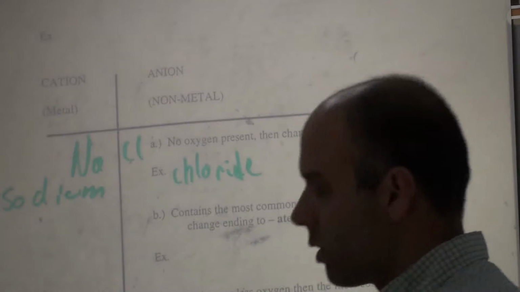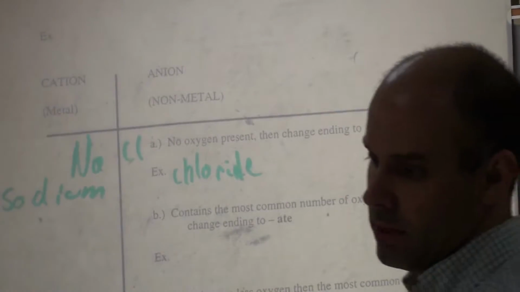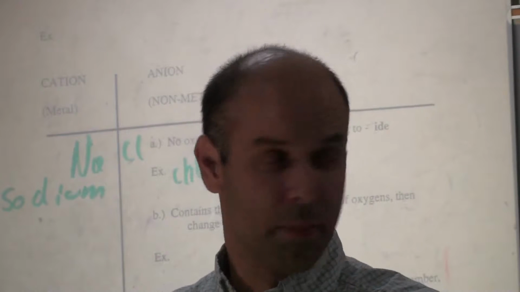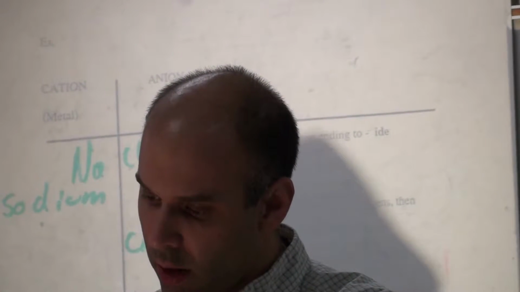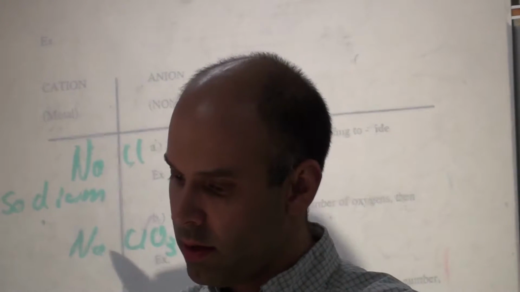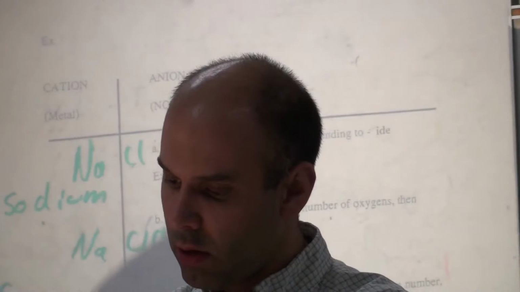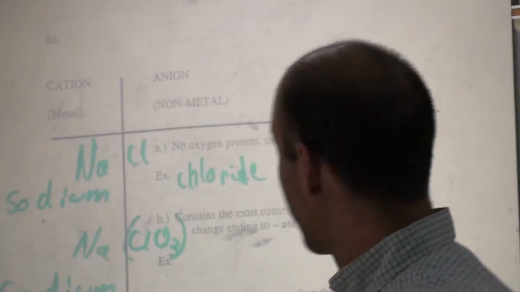But with polyatomics, you have usually oxygen bonded. Polyatomic means many atoms. So, for example, suppose instead of Cl, we had ClO3. The Na is still called sodium, but now we have to name this ClO3 part.